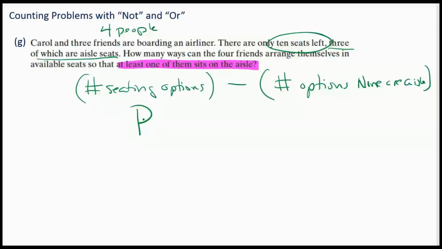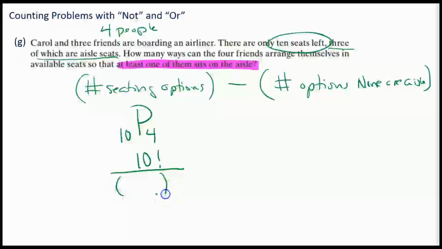Now, what are we choosing? Well, we're choosing 4 seats, so the 4 goes over here. What are we choosing those 4 seats from? The 10 seats that are available. So the number of seating options is a permutation, 10 choose 4. We're going to calculate that in a minute. Or, you want to? Let's do it now, okay? 10 choose 4, remember, in the numerator is 10 factorial divided by, for a permutation, you don't divide by the 4 factorial.